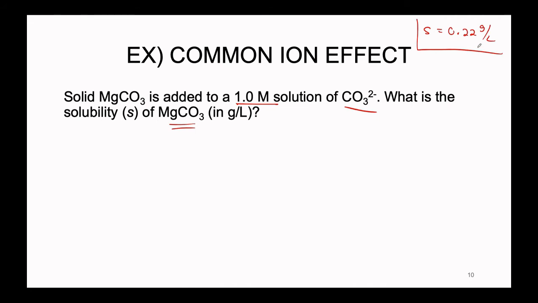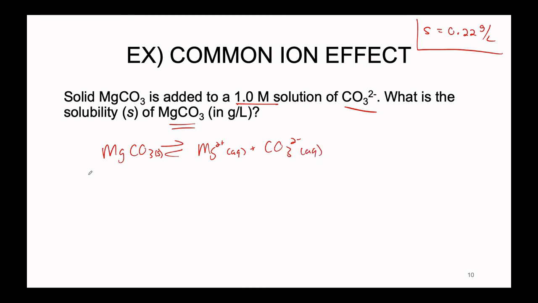How we set up this calculation, we are going to be using the ice table format again. So let's set up our reversible reaction. The magnesium carbonate, which is a solid, is going to dissociate and create magnesium 2+ in aqueous solution and carbonate 2- also in aqueous solution.